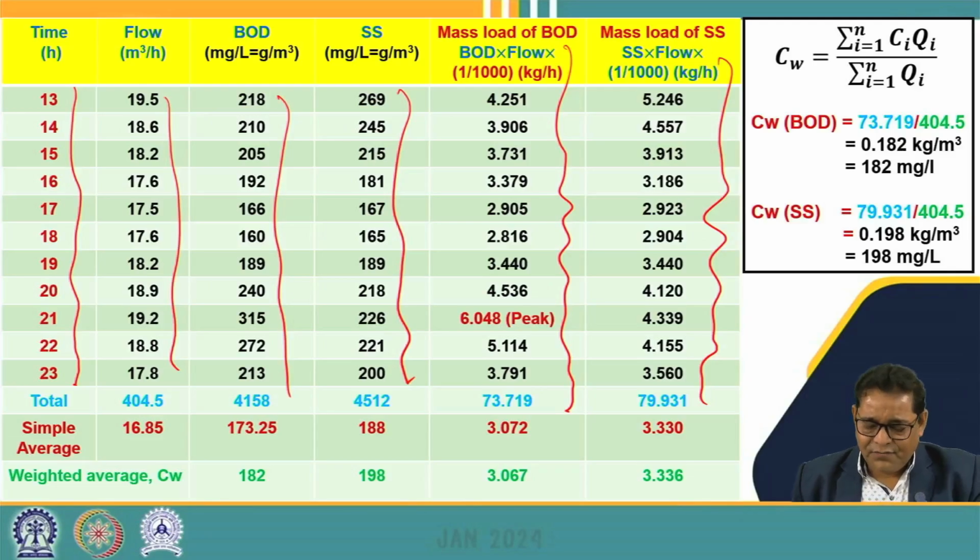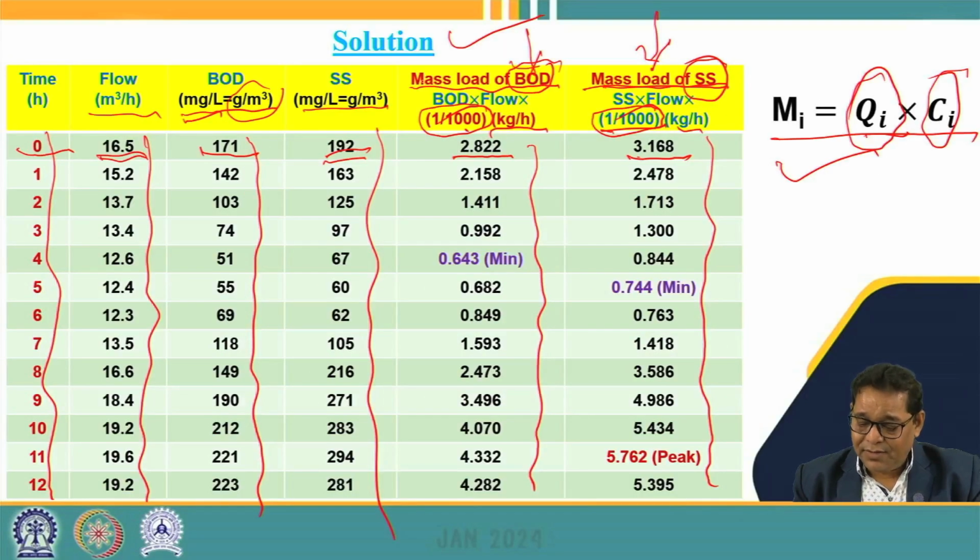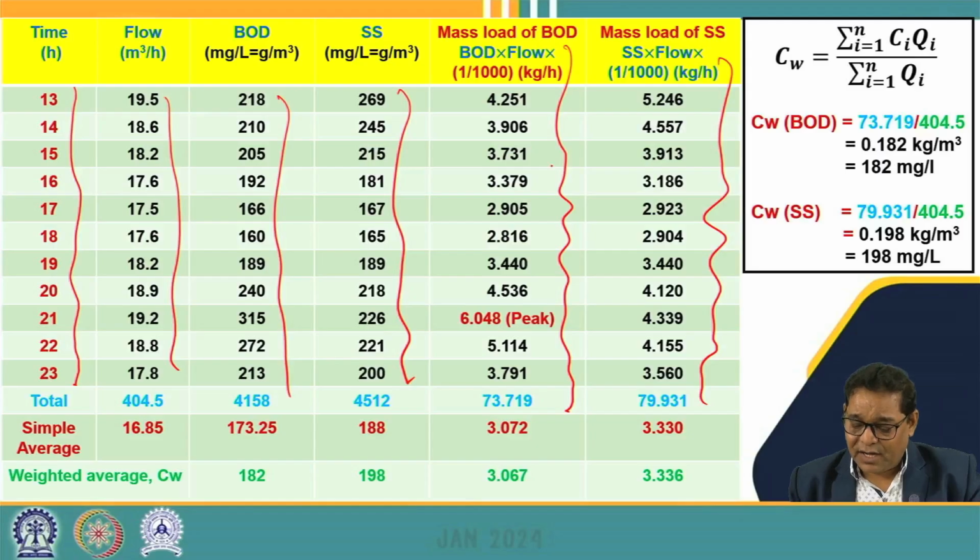So here, if we see what is the peak value in the table of mass loading rate, the maximum value comes to around 4.282 in this page, while on the other page the maximum peak loading comes at 6.048, which is the highest value of the mass load due to BOD.